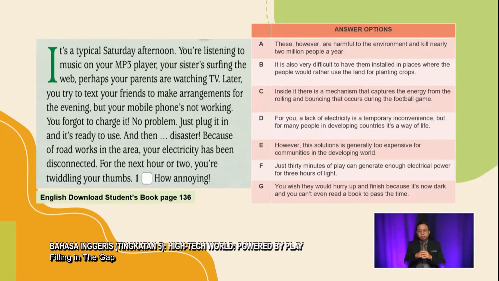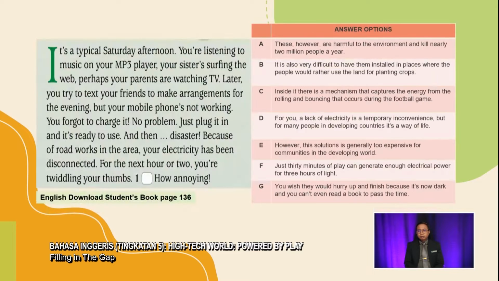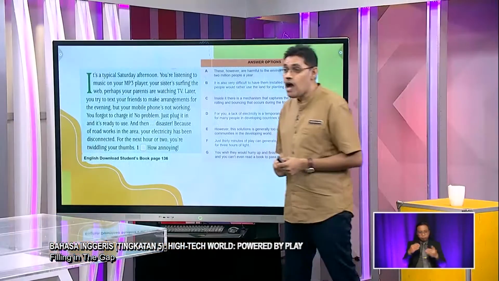How annoying. So if you see, Shafika, this is the first paragraph, the introductory paragraph in the text. To identify the answers, it's very simple. In the introduction, it says, twiddling your thumbs, and then it continues with how annoying.